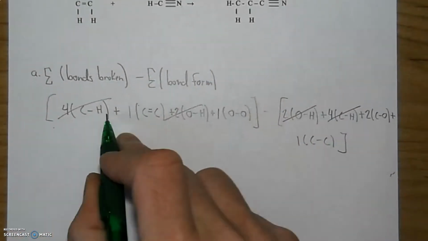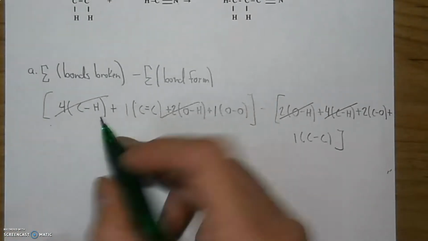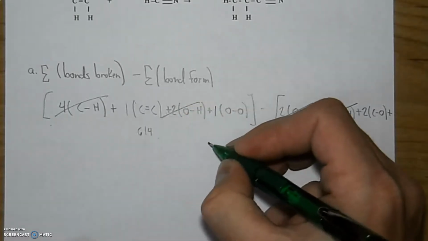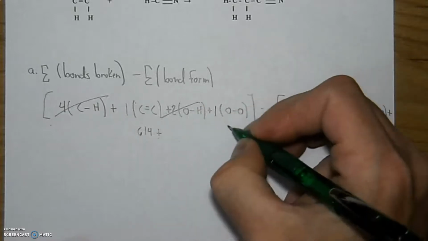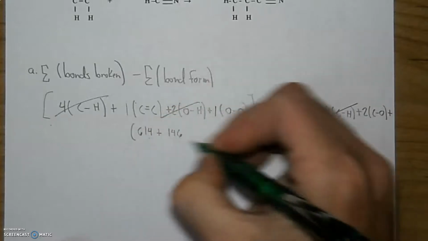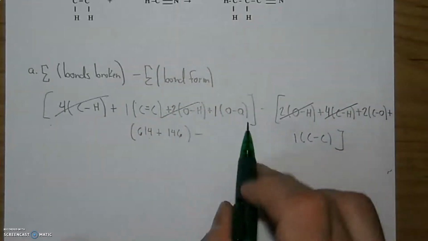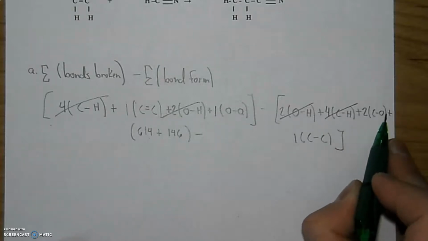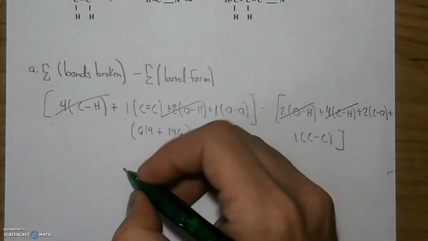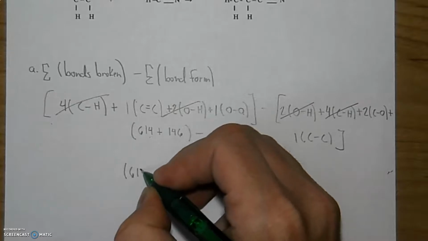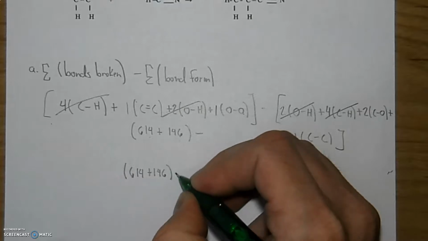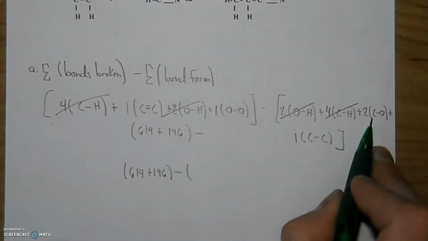The carbon hydrogens, of course, I don't need to worry about anymore. They're gone. And then 614, these are all kilojoules, plus oxygen is going to be 146. So I have this sum total of those two. And then swinging over to here, the carbon oxygen, I have 2 of them. Actually, I'm going to bring this down because this is going to get in my way. So I write 614 plus 146 minus the carbon oxygen. There's 2 of them.